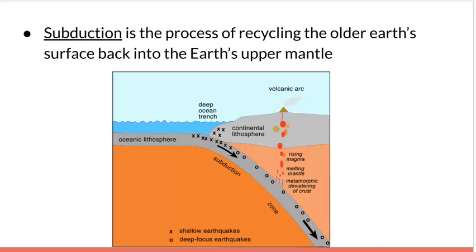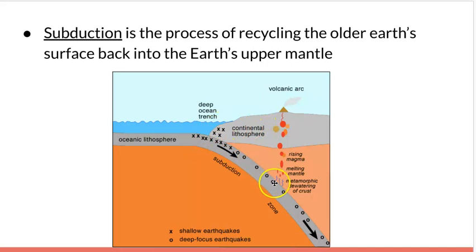So we have plates that actually dive down underneath other plates. They kind of layer down underneath. And when this happens, this is oceanic crust diving down underneath continental crust here.